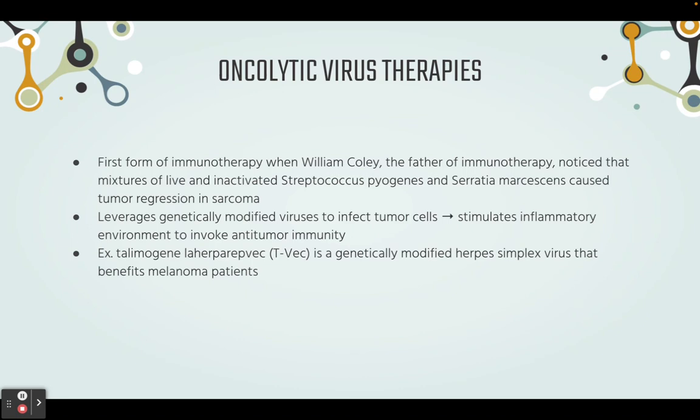And so oncolytic virus therapies leverage genetically modified viruses to infect tumor cells, so that ends up stimulating an inflammatory environment and invoking your immunities. And that's an example of a genetically modified virus that's used.